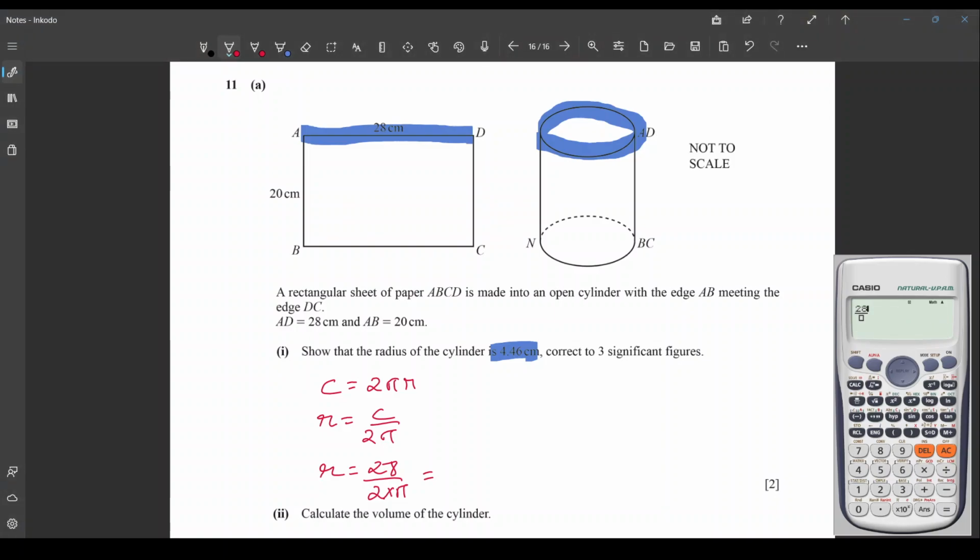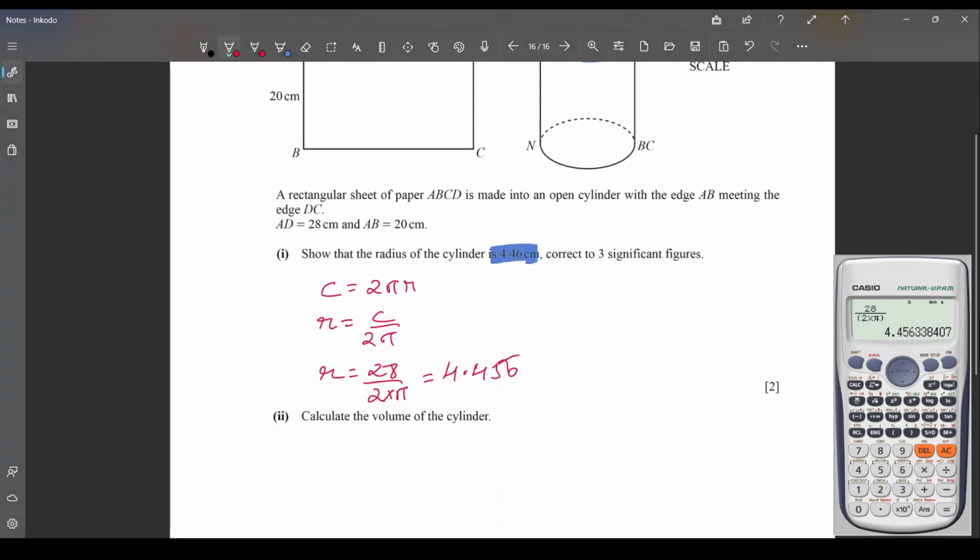So 28 divided by 2 into the value of pi, put a bracket, we'll get 4.456.